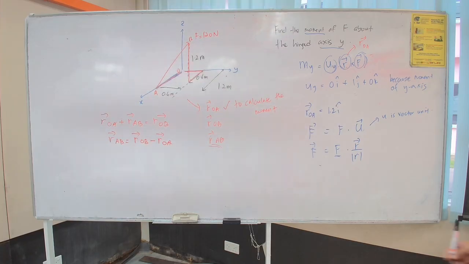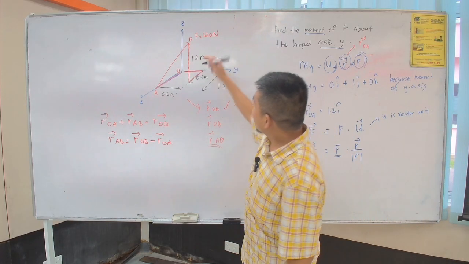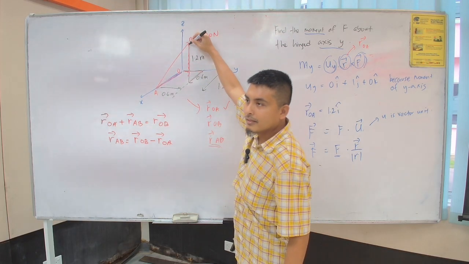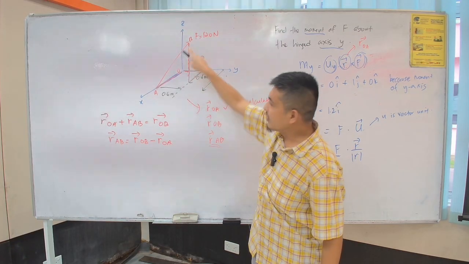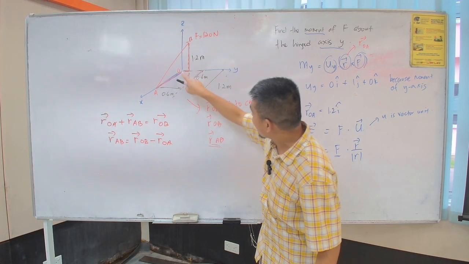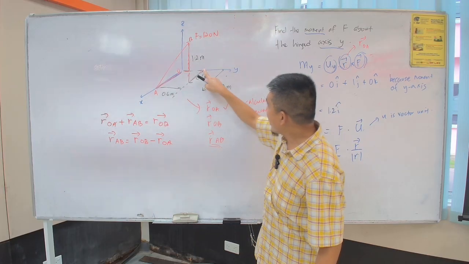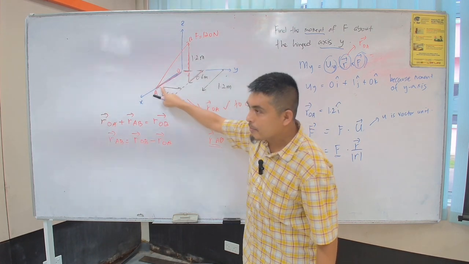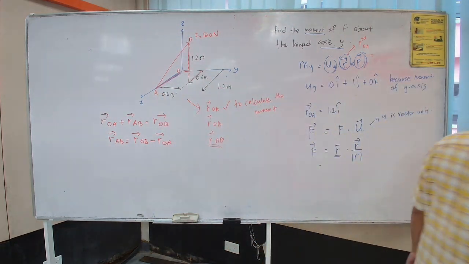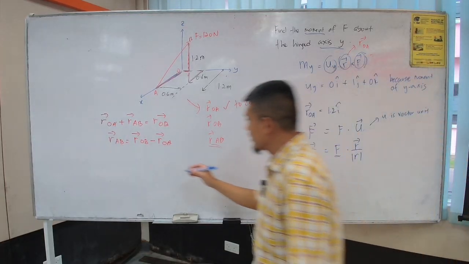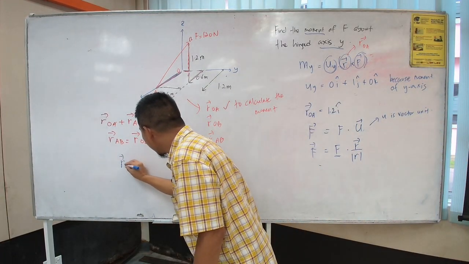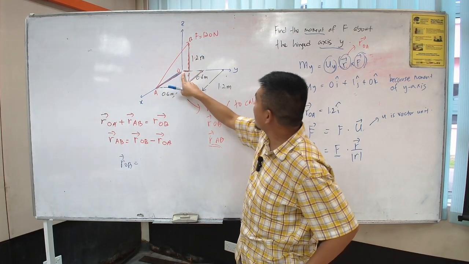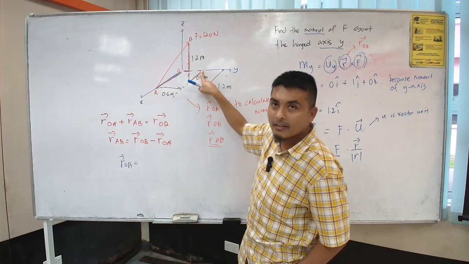So now ROB, this is the path, from O to B. This one, and go up. ROA, this is the path. So we try to find ROB first. From O to B, firstly it travels along the y-axis, is it?